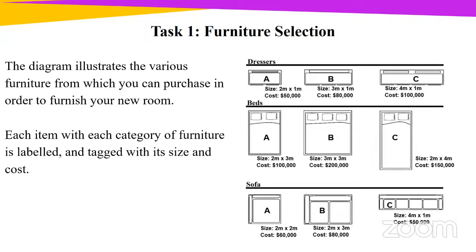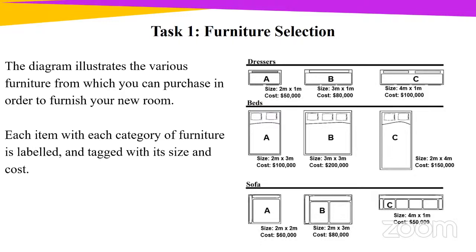All right, say the cost again for me. 2,000. No, look again. 200,000. Very good. So the cost is $200,000, so it would be the most expensive of all the beds.